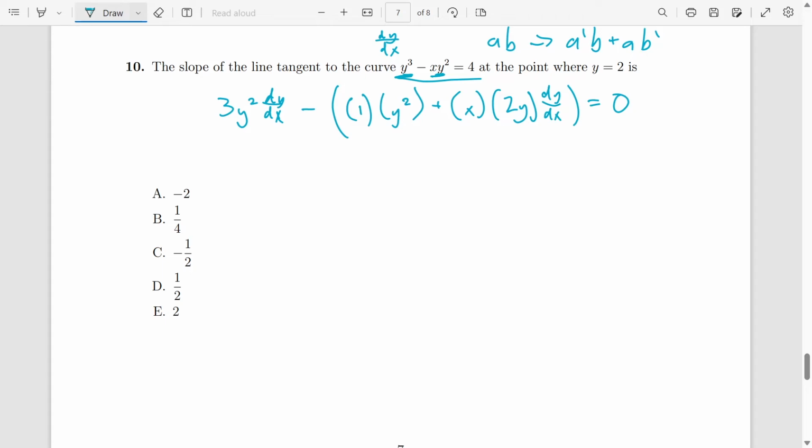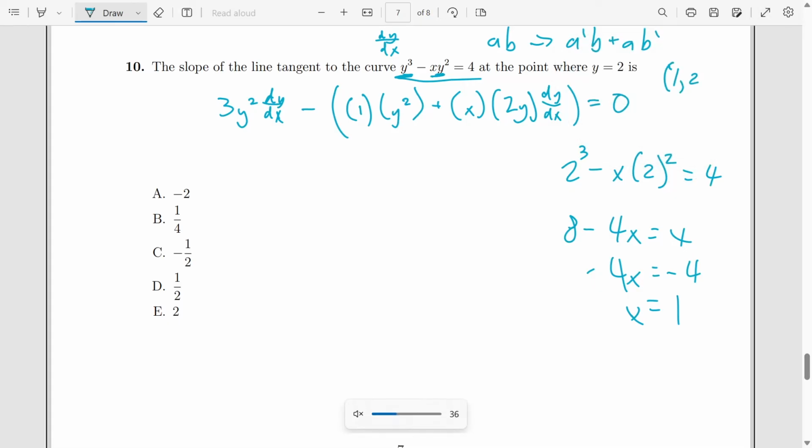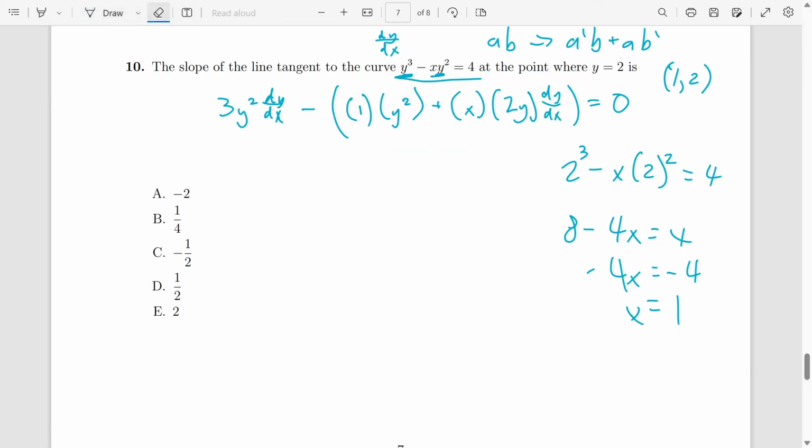I'll do it off to the side here. 2 cubed minus x times 2 squared equals 4. So this is 8 minus 4x equals 4. Negative 4x equals negative 4, so x equals 1. So our point now is 1 comma 2. We can plug in 1 for x and 2 for y into this and then solve for dy over dx.